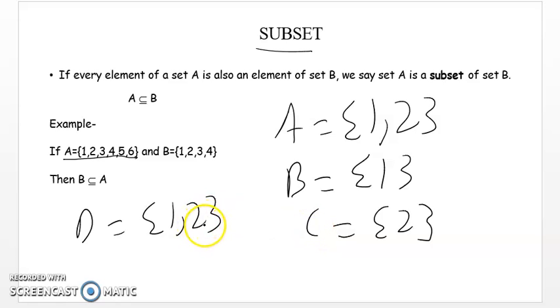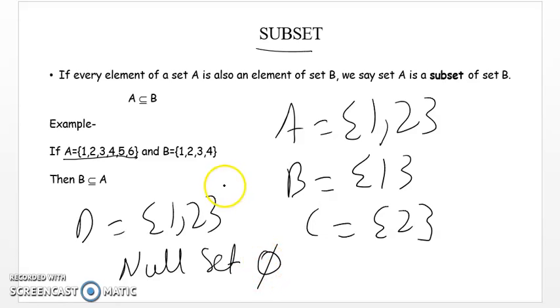And then the important thing to remember is that every set has a subset which is known as the null set and is denoted by this symbol. What is a null set? We will study about that later on. But just remember at this time that every set has a subset, the null set.